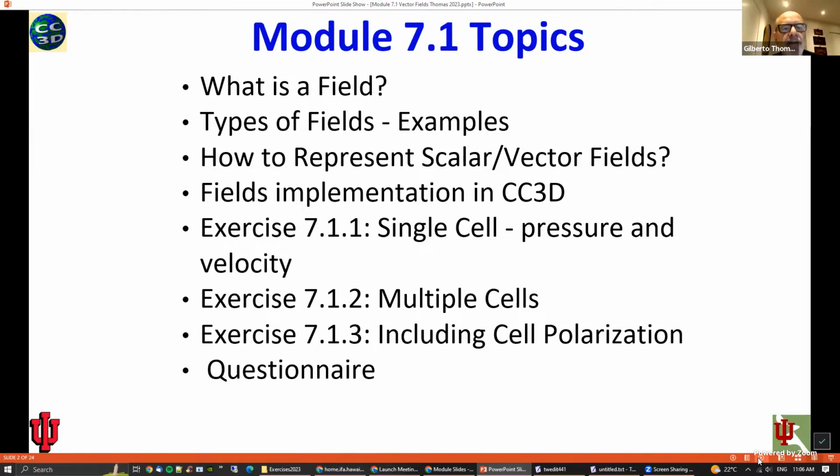At the beginning, I will ask a question about what is a field, what kind of fields we have with some examples, how to represent scalar and vector fields, and the implementation of these fields in CC3D. This implementation will be given to you through 3 examples that I'm going to use, examples we already built during these previous lectures.